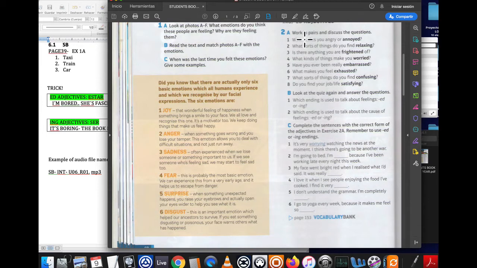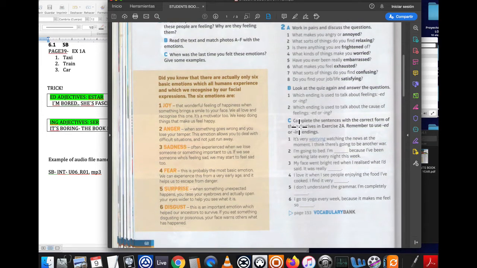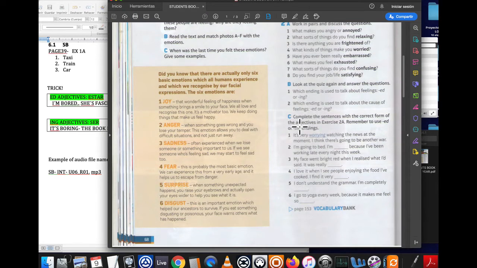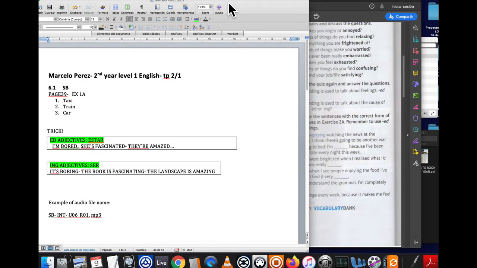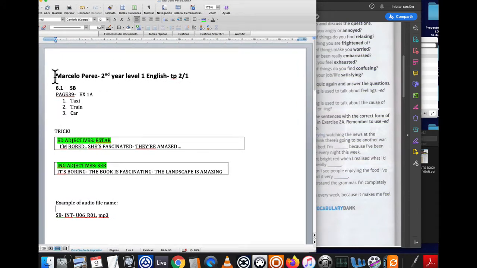So you have to do the sentences here, the exercises. And please, I am going to explain again how you go about doing your homework. Please write down your complete name, your year, and your level, English TP 2-1.